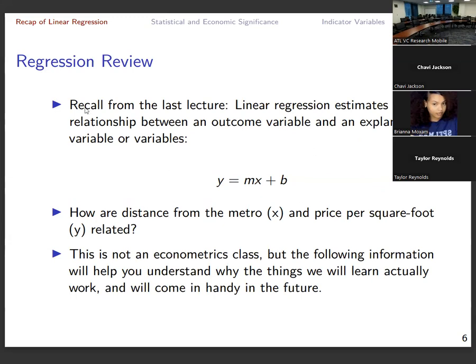So just as a refresher, this is the regression model that we had last week. We had the home price being the dependent variable, with a linear relationship, which had this coefficient m, and then x in our initial case was, at the end, distance from the metro area, and then there's an intercept term.